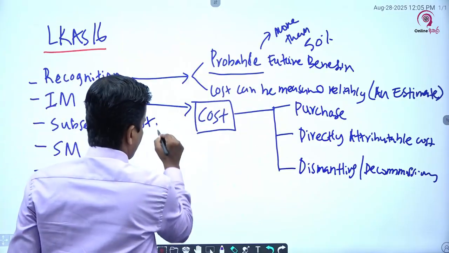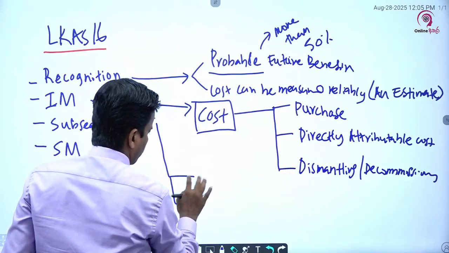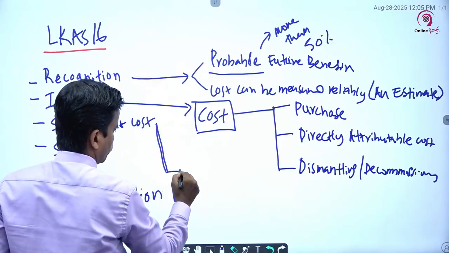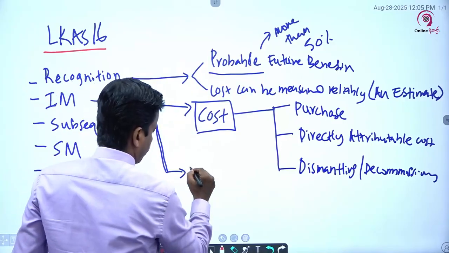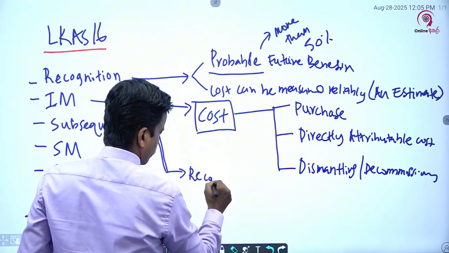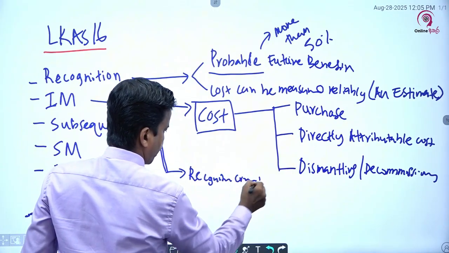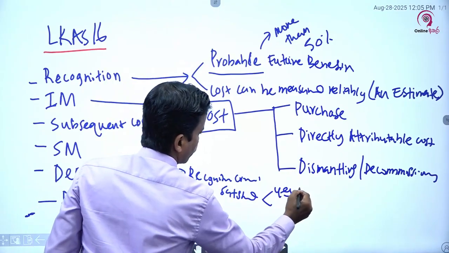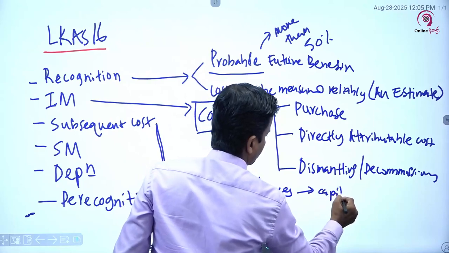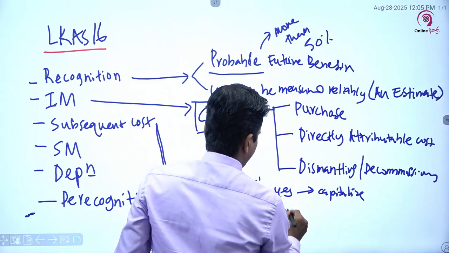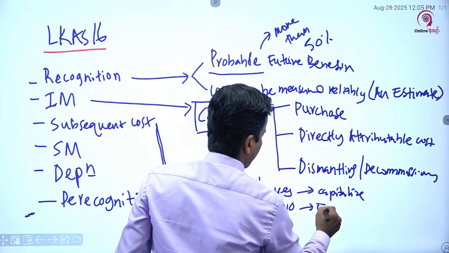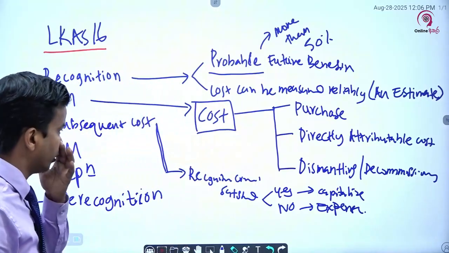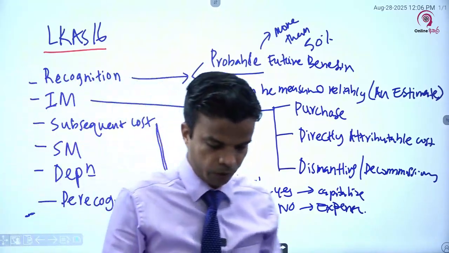So for subsequent cost, ask the question: are the recognition criteria satisfied? Yes, then capitalize. Recognition criteria satisfied? No, then expense. Right? So that is basically what you should do when it comes to subsequent cost.